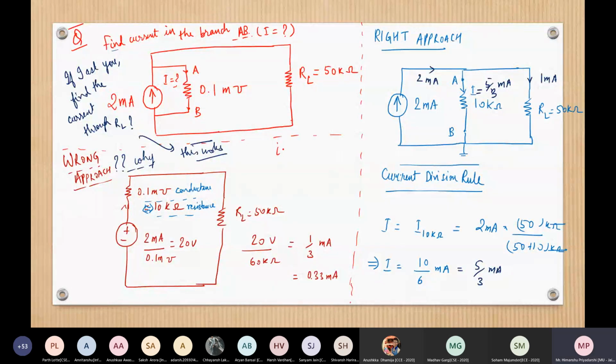If I am interested to find current through a resistor, if V is known, R is known, IR is VR upon R.